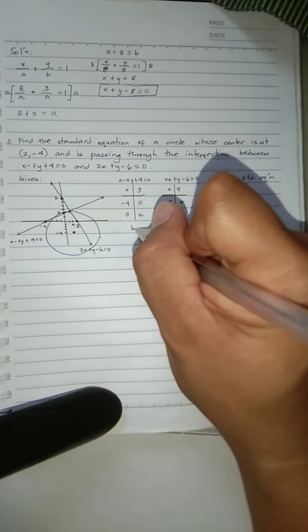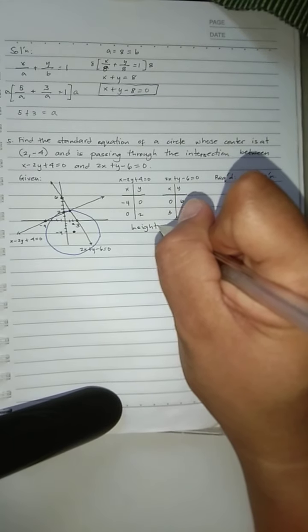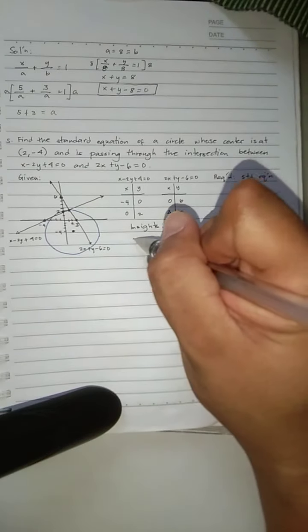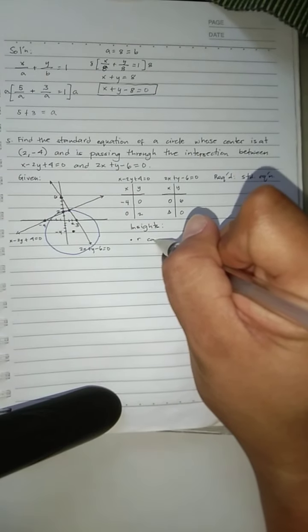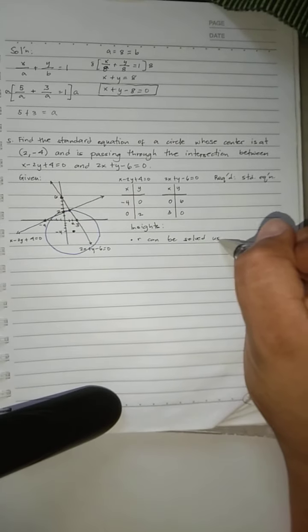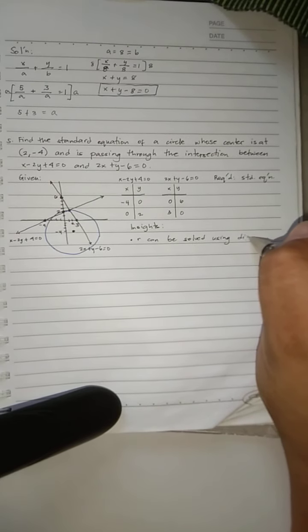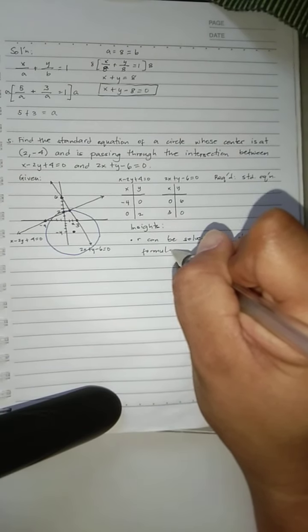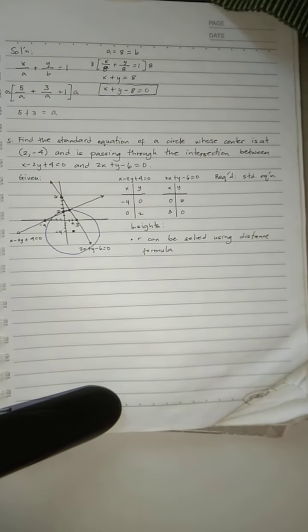So what would be our insights here then? Between the center and the point of intersection, you can actually solve for r. R can be solved using the distance formula. You can write the formula itself: d equals the square root of x2 minus x1 squared plus y2 minus y1 squared.